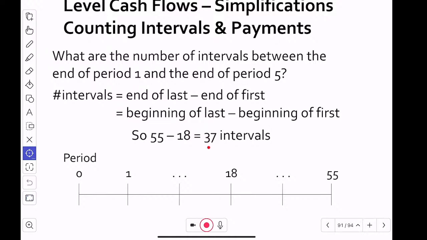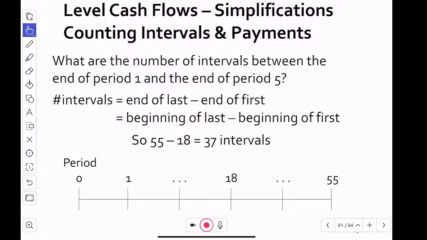So 55 minus 18 is 37. If you can't see it clearly, you can make the calculation to get your answer. Okay? Owie, you're going to have to practice and let me know if you still have trouble. I'll finish this and go back if you still haven't gotten it.